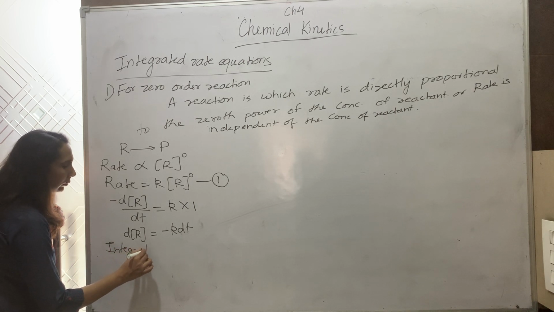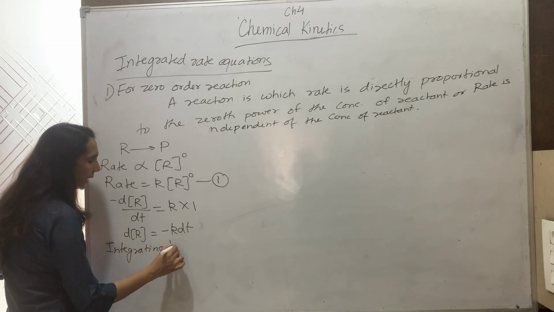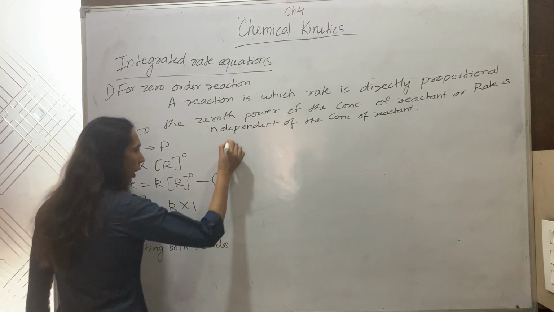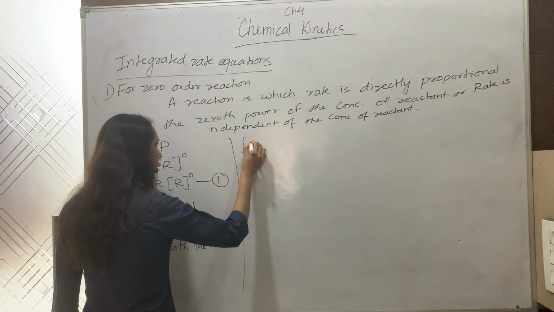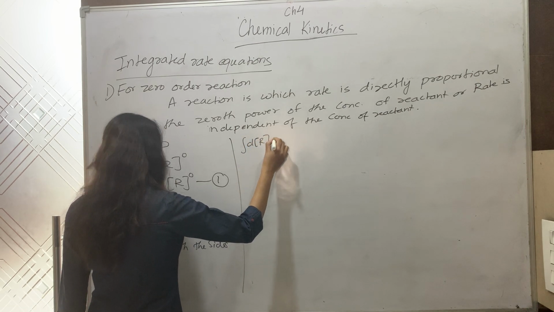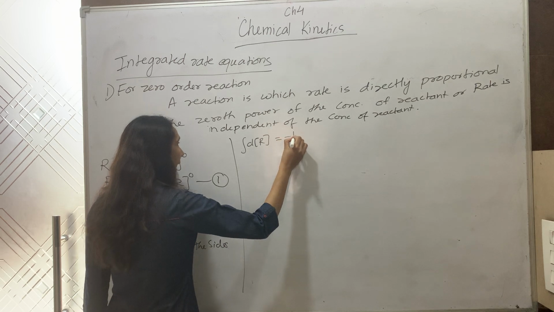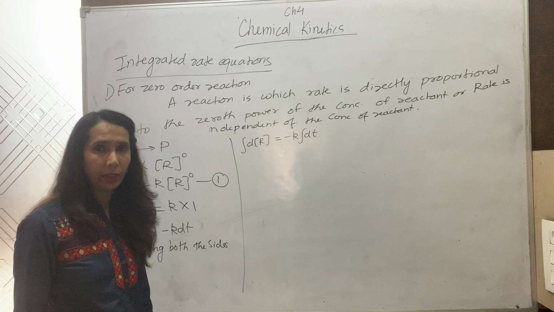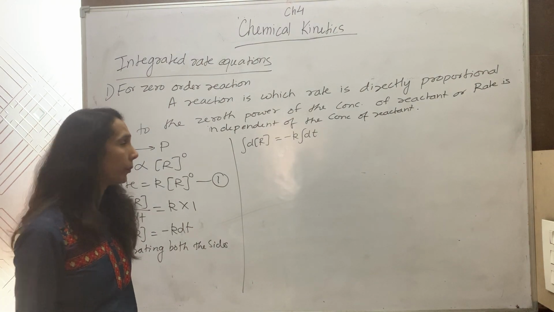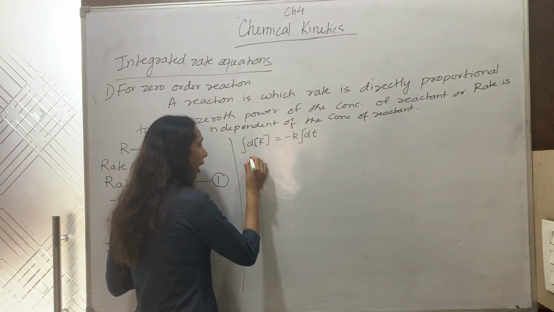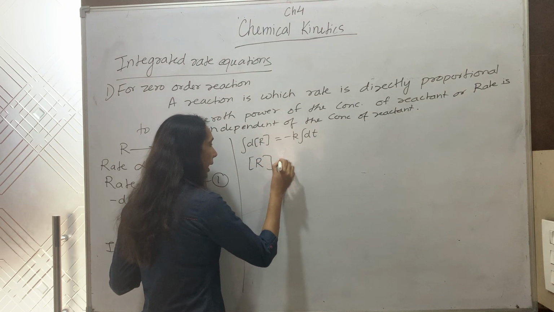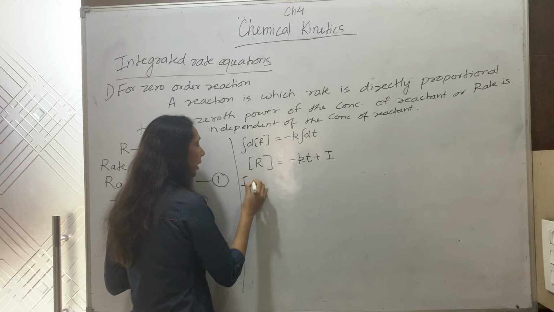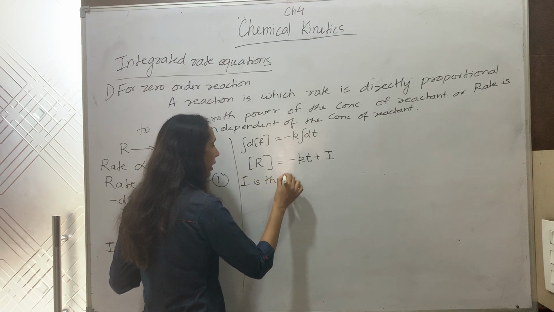Integration of dR is equal to, k is a constant, it does not undergo integration, so minus k, we keep it outside, integral dt. Integration of dR is R, equal to minus kt plus I.